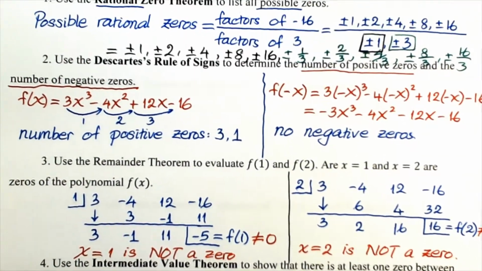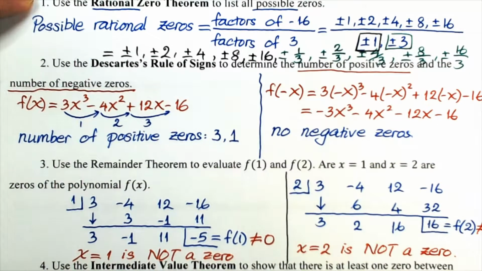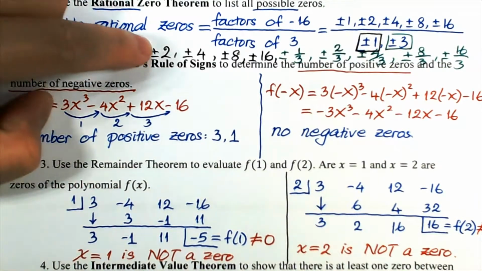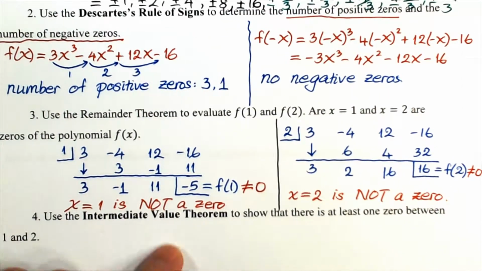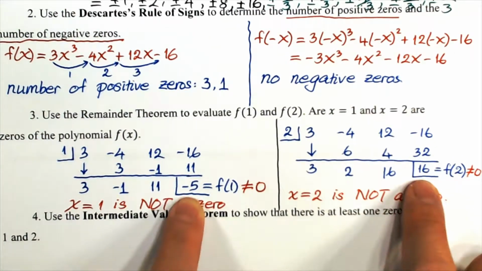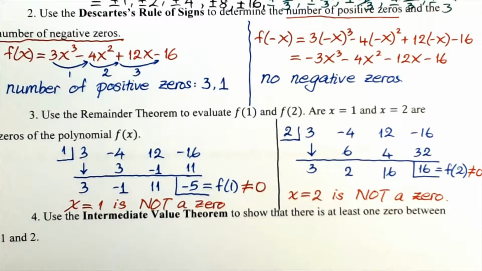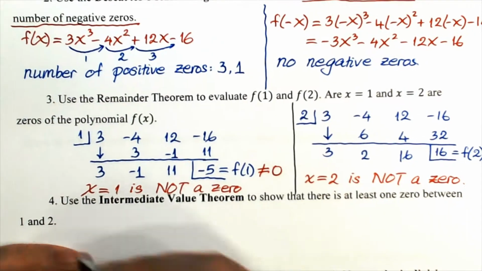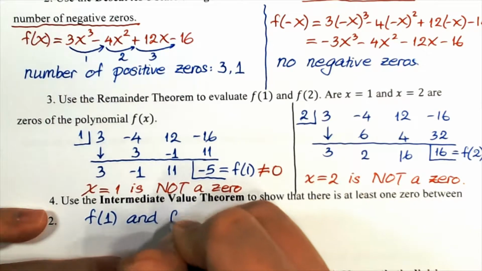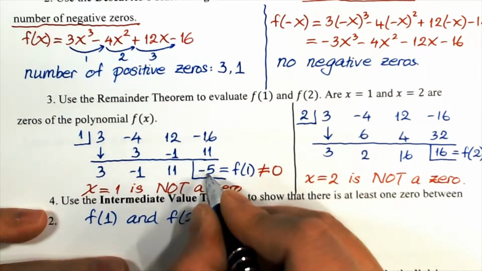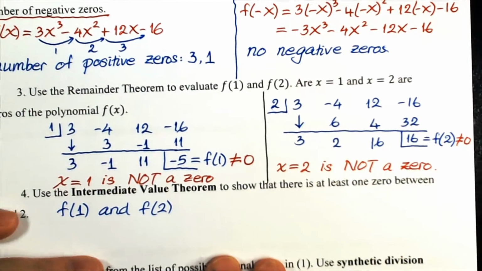At this stage, if we go back to the first part of the question, we'll keep going on this list until we find an actual 0. But there's a nice theorem. When we have a negative and a positive, the values of f of 1 and f of 2 have opposite signs. So let me write this down. F of 1 and f of 2. One is negative, one is positive.